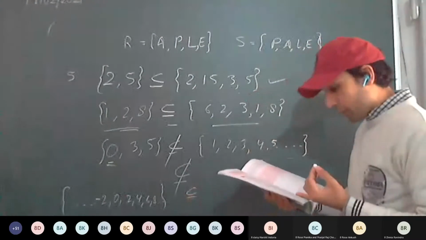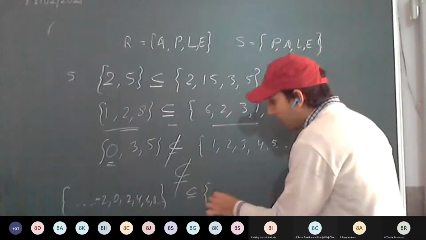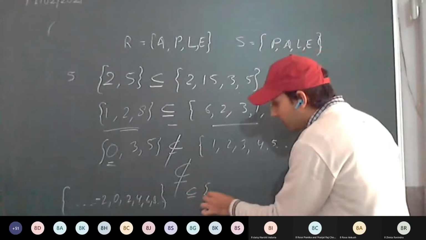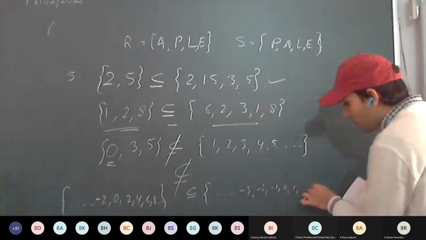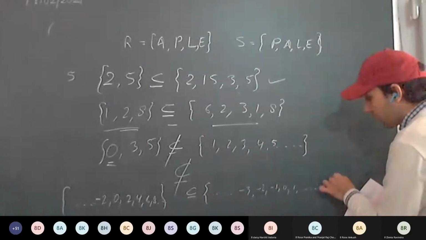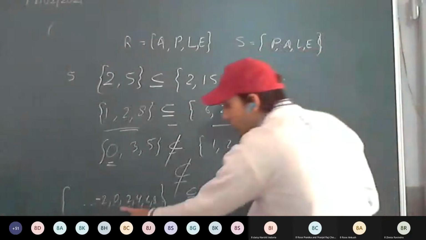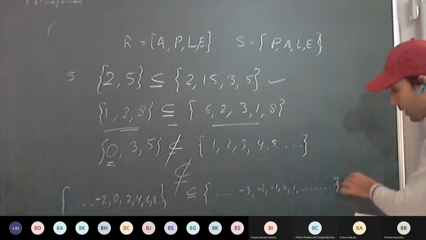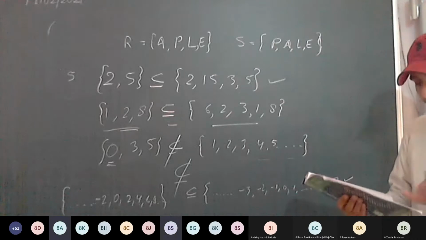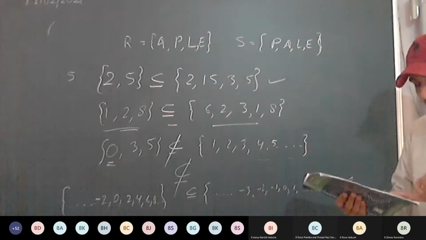Whether it's a subset of x is an integer. Integers: -3, -2, -1, 0, 1, 2, 3 up to infinity. Whether all these numbers are present here. Yes, it is a subset.